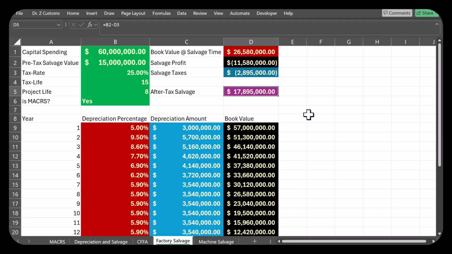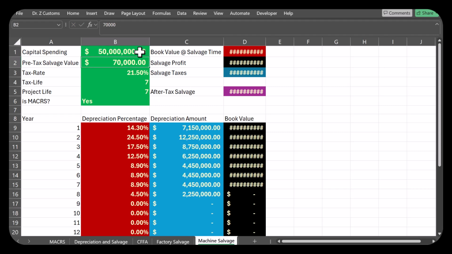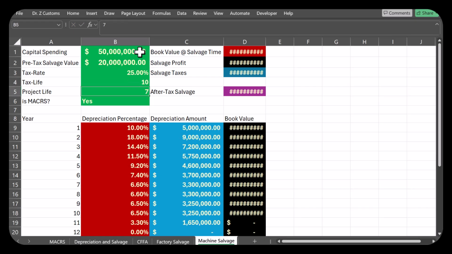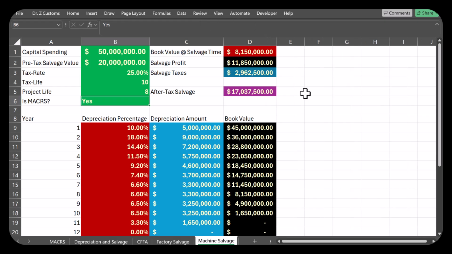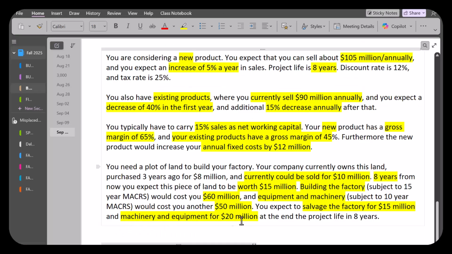Well, I'm going to do the same thing for the machines. It cost me 50. I can sell it for 20, I think. Tax rate 25, but this has a 10 years depreciation tax life. Project is 8 years and it is makers. Let me make sure that my cost salvage is 20.